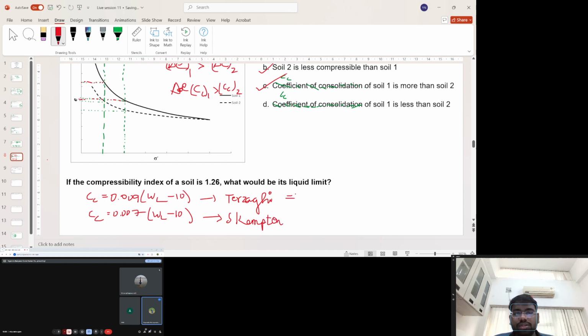So based on this relation, what is the value? 24, I think. 0.26 divided by 0.009. How much are you getting? 150, sir.